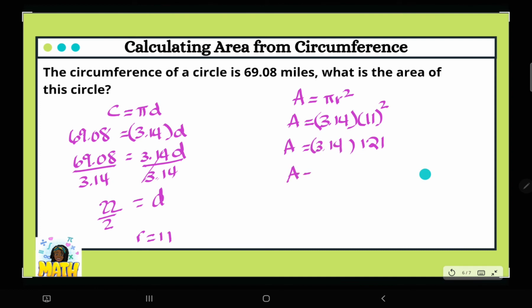So I find that the area of this circle is 379.04 miles squared. All right, our units are always going to be squared whenever we're calculating the area.